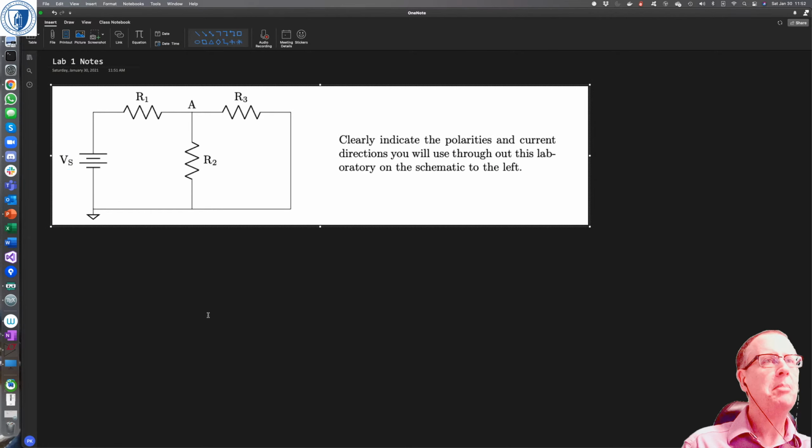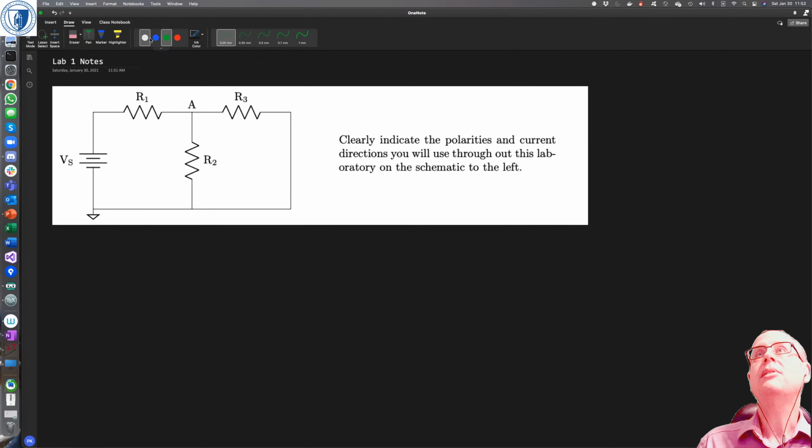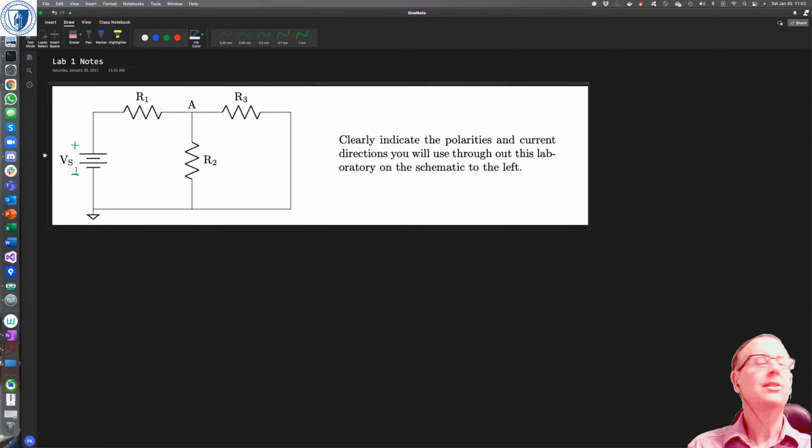Okay, so remember we were talking about the passive sign convention, and one thing to note about this way to represent a constant voltage source is that this big plate, the long plate, is always the positive, and the short plate is always the negative.